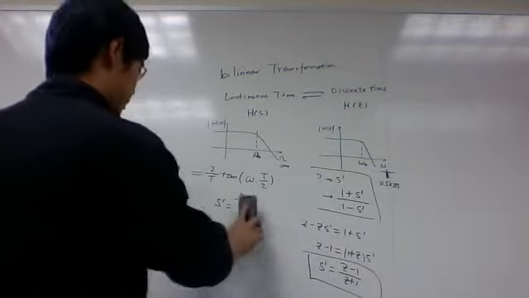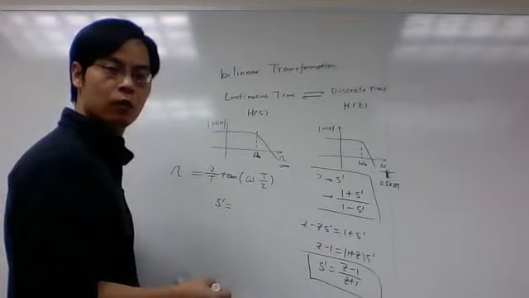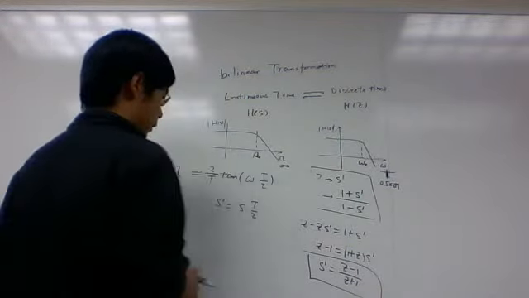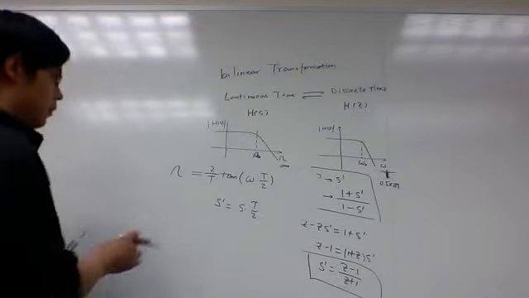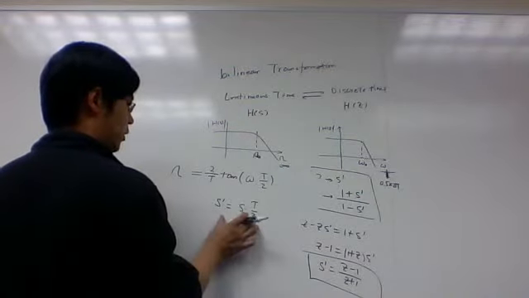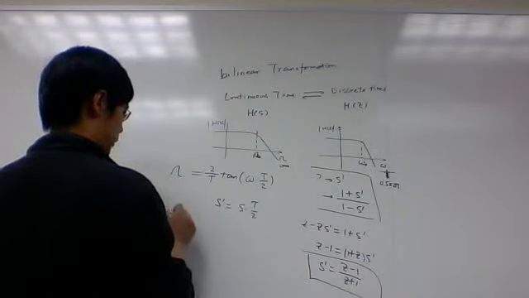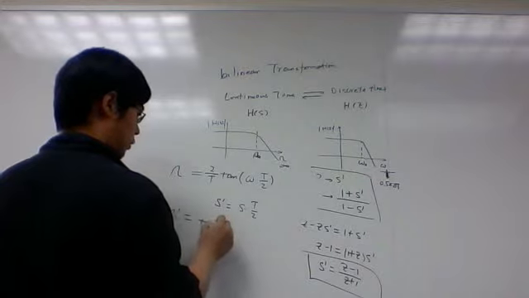Sorry, S prime is S multiplied by T over 2. Okay, so everything here will be this guy multiplied. So omega prime will be this one times this one, so that gets cancelled.